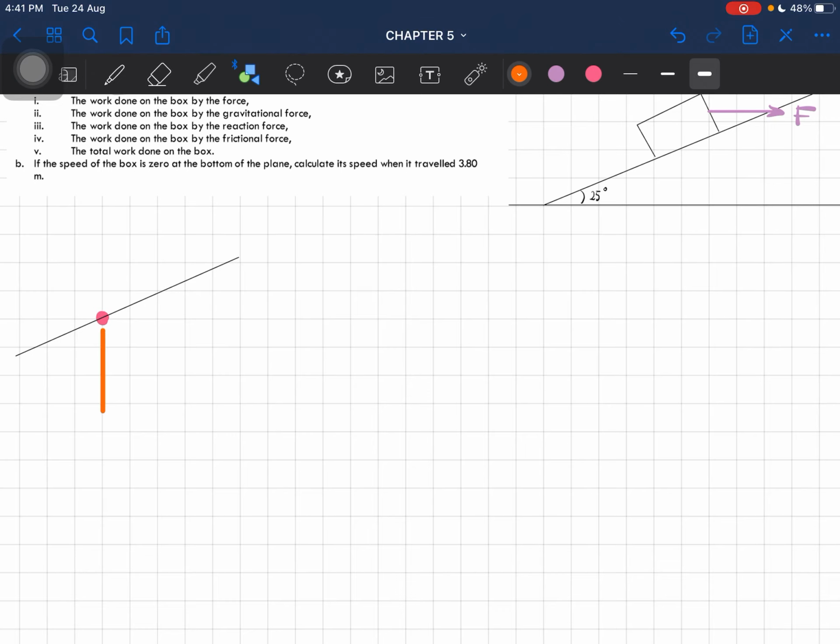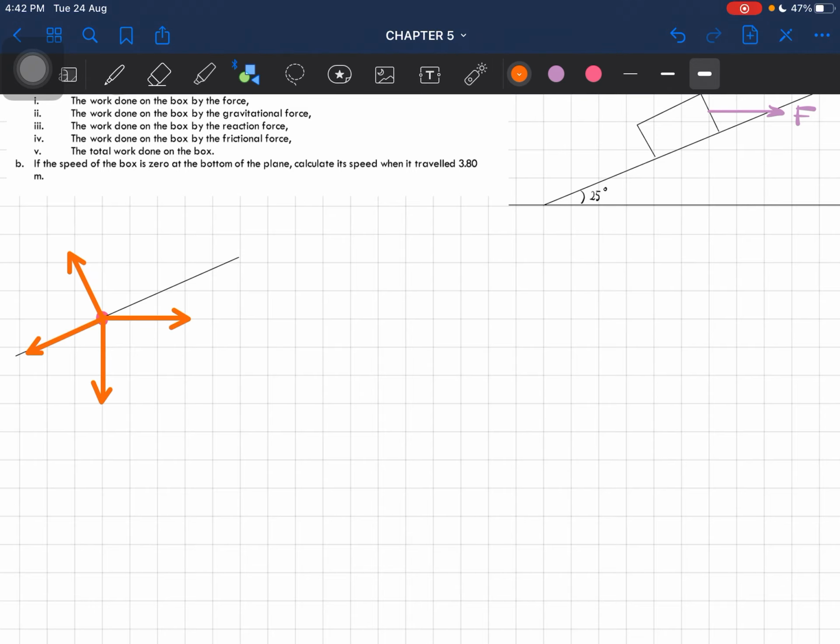We have the weight pulled by gravity, the normal force, the horizontal force, and the friction force going against the motion.